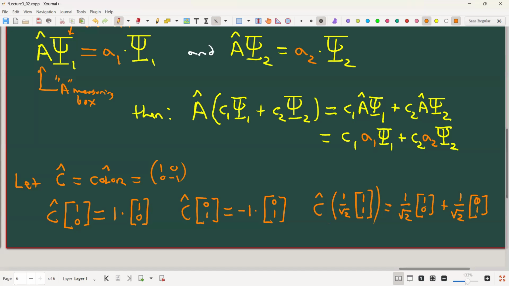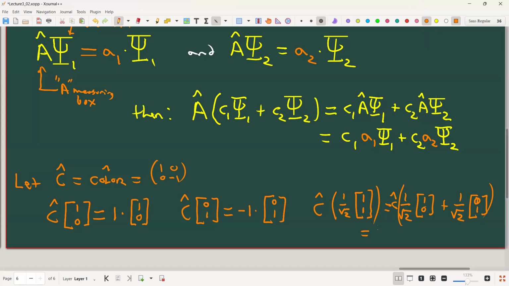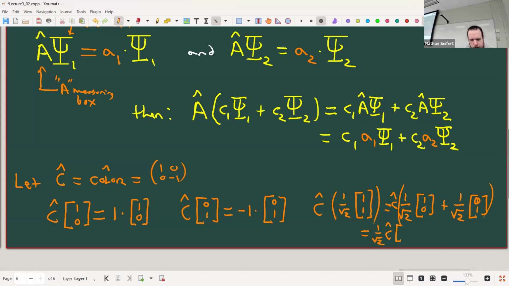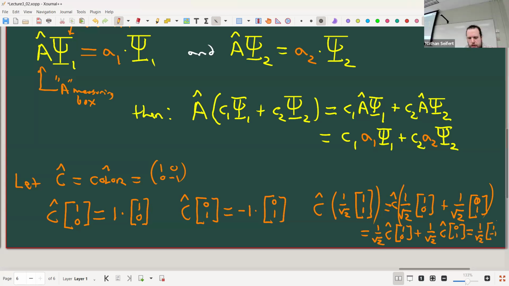You agree with that so far? Do you see how this math works now? 1 over the square root of 2 is just a number. C applied to 1, 0, plus 1 over the square root of 2, C applied to 0, 1, which is just 1 over the square root of 2, 1, minus 1.